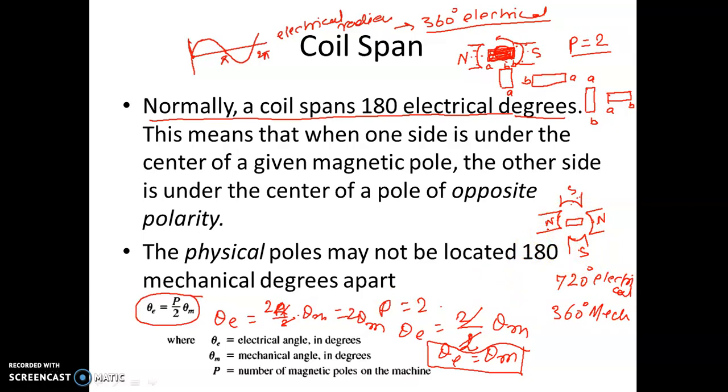180 electrical degrees is formed only when a north and south pole is traced by a conductor. So the electrical angle will be 180 degrees for a north and south pole as shown here. But if you consider the mechanical angle, if you rotate from here to here, how much mechanical angle will there be? If you rotate this conductor, the mechanical angle will be 90 degrees.